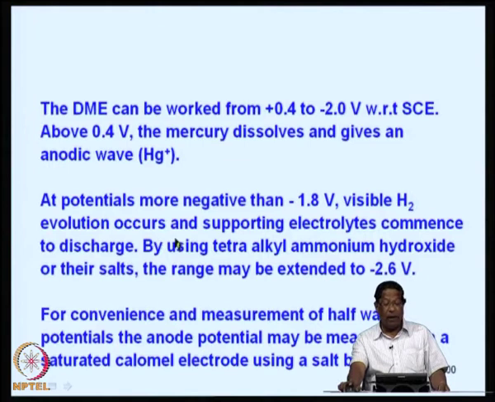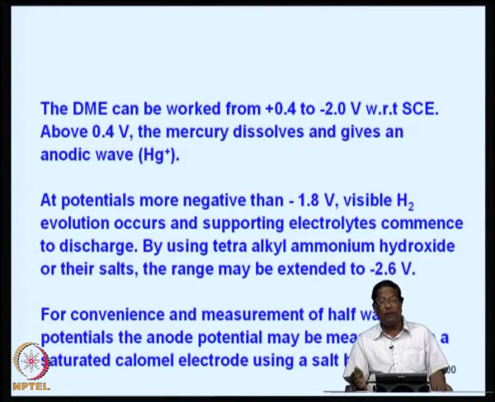By supporting electrolyte also sometimes commences to discharge. By using tetraalkyl ammonium hydroxide or their salts, the range may be extended up to minus 2.6 instead of usual alkali metal salts.